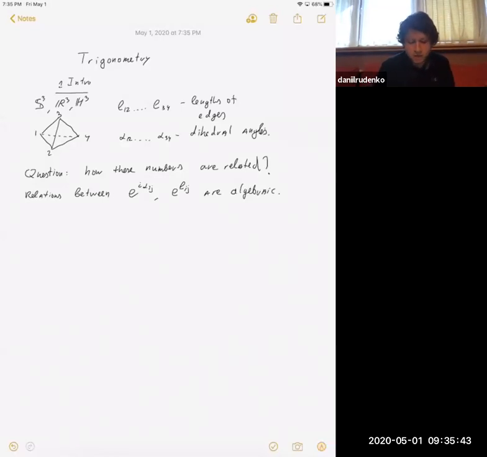Another way to think about it is that we can think of the space C cross power 6 times C cross power 6, where for every tetrahedron we get a point with coordinates exponent of dihedral angle and exponent of length of edge. Inside, all tetrahedra generate points of some real 6-dimensional variety.